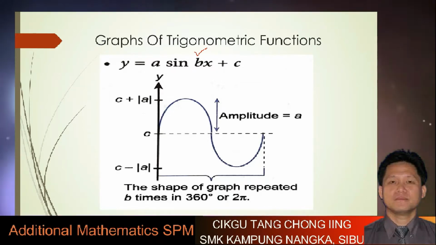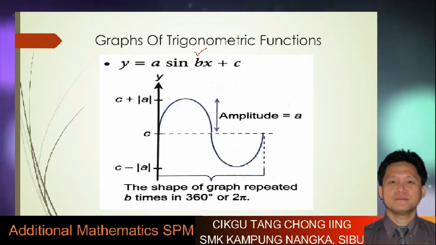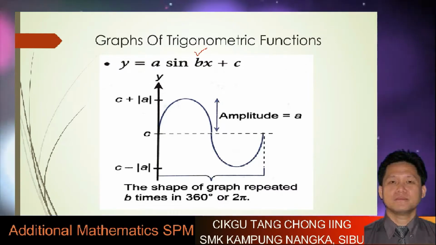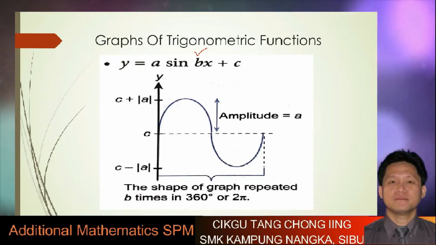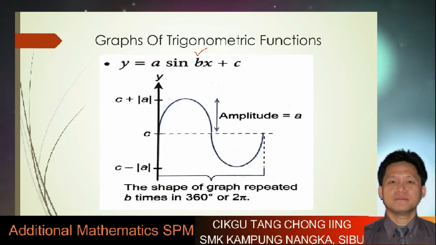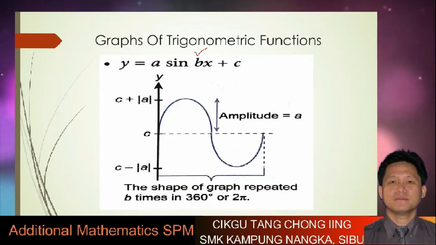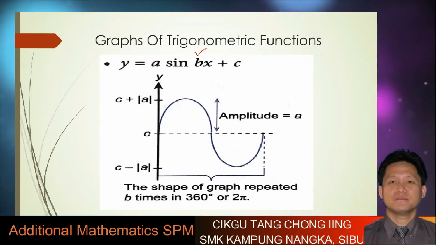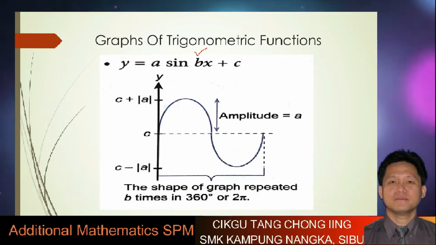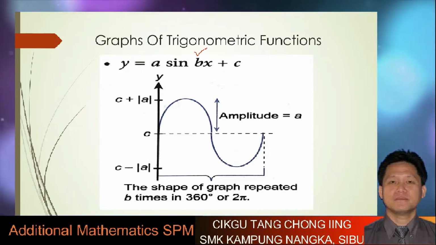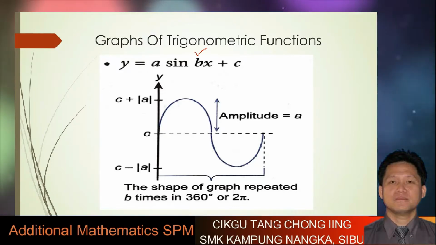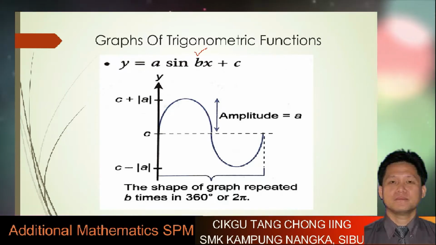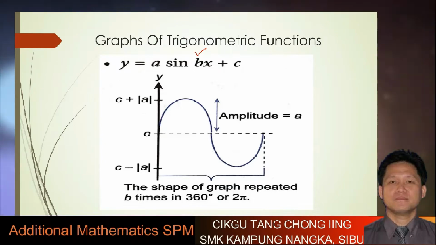And when the value of b decreases, the period of the graph increases, and the width of the graph in each period increases also. Okay. So for this one, the shape of the graph repeats b times in 360 degrees or 2 pi radians. So b will determine the number of times this graph will be repeated.